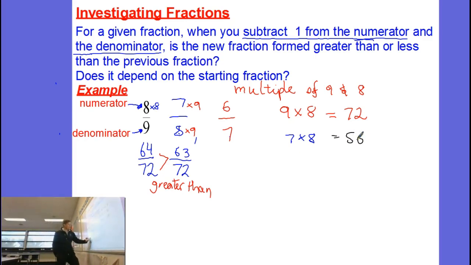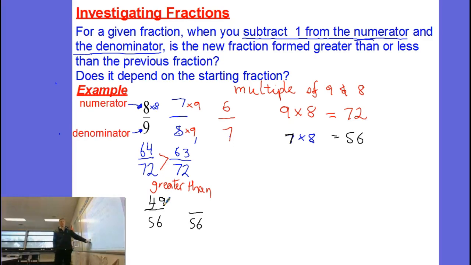So if I'm comparing my 7/8 and my 6/7, then I want two fractions, both with a denominator of 56. So my 7/8, well, I had to multiply the 8 by 7 to get a denominator of 56. So that means my numerator of 7, I also got to multiply by a 7 to find the equivalent. And 7 sevens is 49.